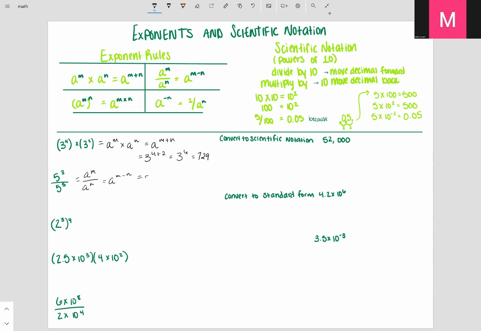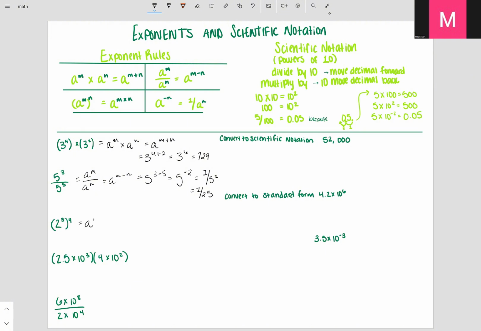So we're going to have 5 to the 3 minus 5, which means we have 5 to the negative 2, which means we're going to have 1 over 5 squared, which is 1 over 25.